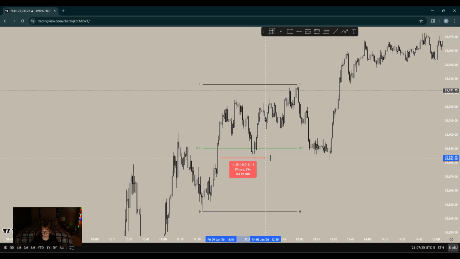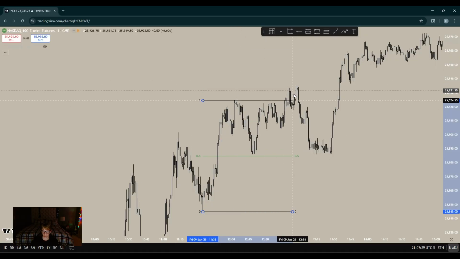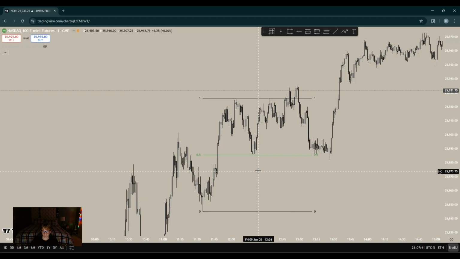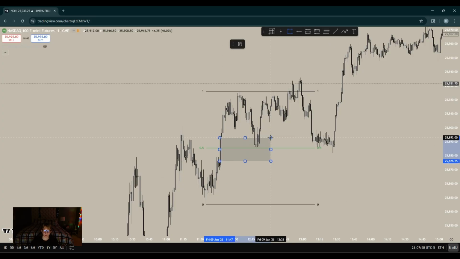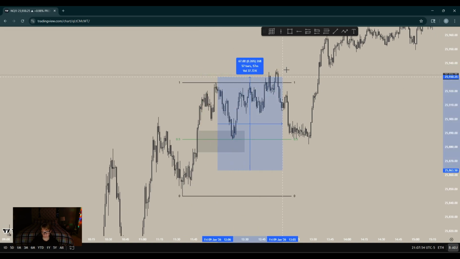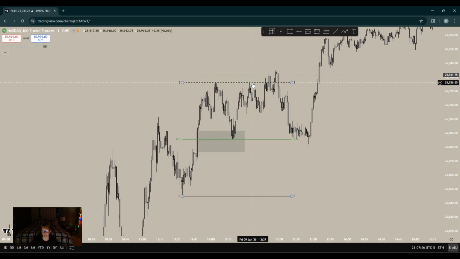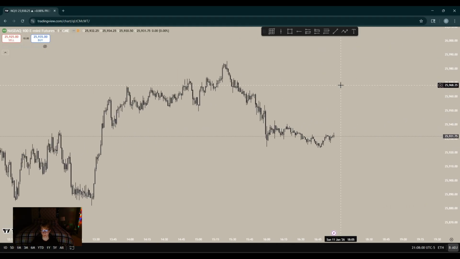It comes back into discount of the range. Actually, it should probably be here. It literally taps discount, and then continues higher. As you can also see, pairing this with a fair value gap is a very, very strong area for price to continue in. It's used as a retrace continuation model type of thing.